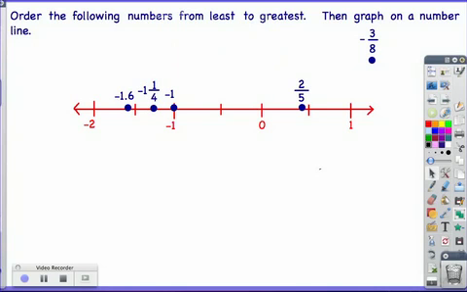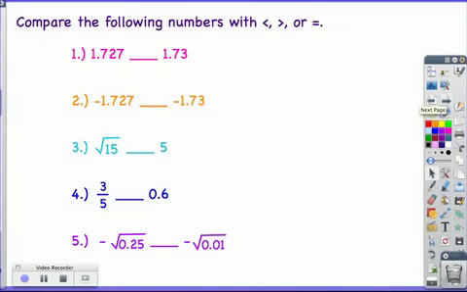Some vocabulary. Opposites, also known as additive inverses, are two numbers that are the same distance from 0 on the number line, but on opposite sides of the number line. For example, 2 and -2 are opposites, and -13 and 13 are opposites.